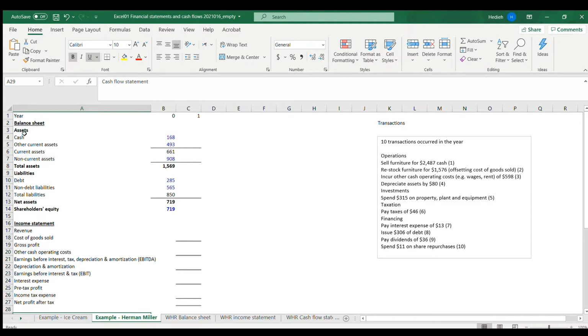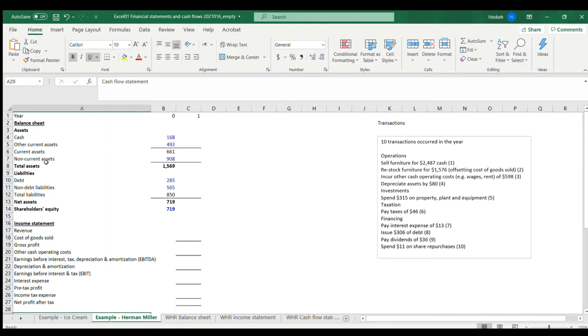As you can see in the assets section, we have cash holdings of $168. We have other current assets, which include inventory, for $493, and then we have total current assets, which is the sum of cash and other current assets.